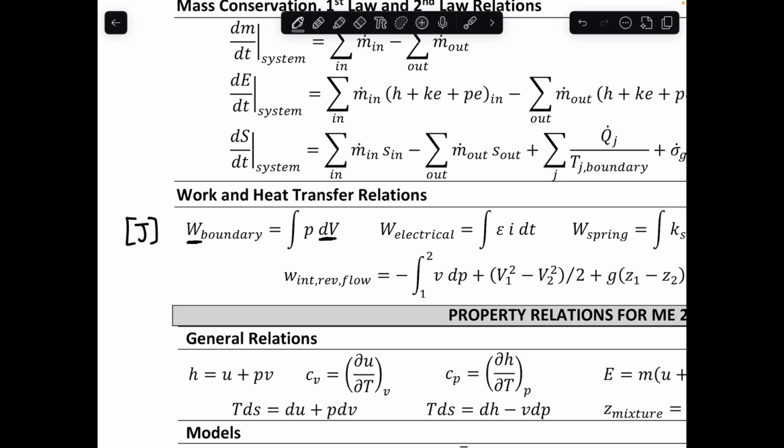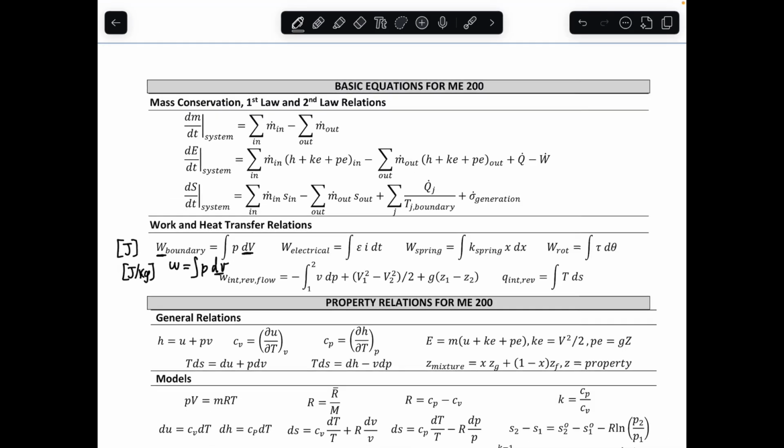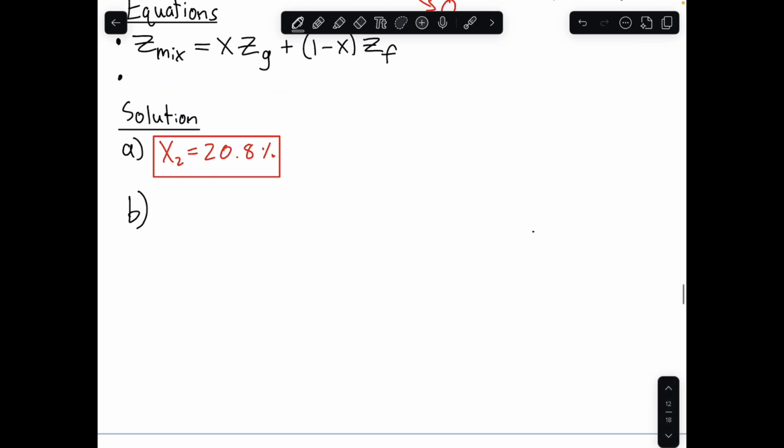But remember, they ask us to find the specific work, so we can use the lowercase version of this equation, where little w is equal to the integral of pressure with respect to specific volume, little v. And this will give us an answer in terms of joules per kilogram, or kilojoules per kilogram, or some energy per mass. So this is the version that we are going to want to use because it'll be convenient for us.